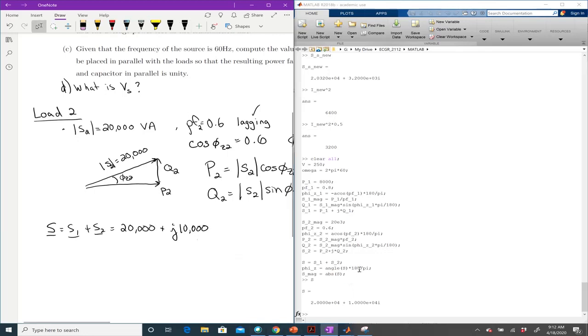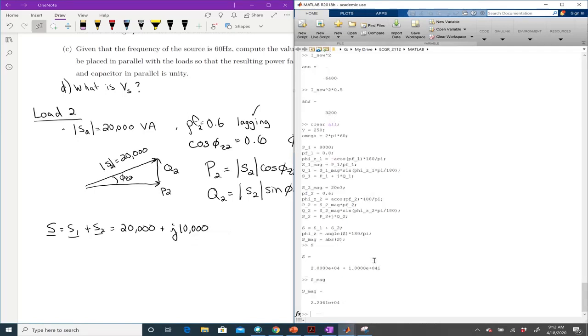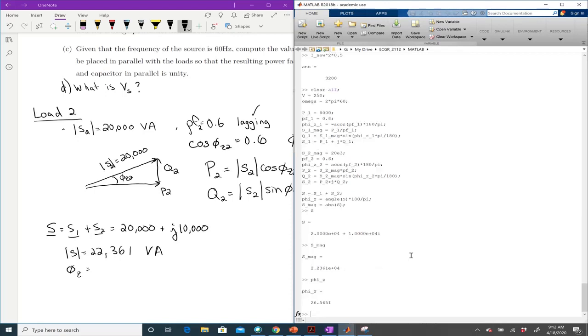I'm given what the angles are here. So the abs, S mag, is about 22,000, 22,361, and that would be in volt amps. And phi z, the angle of that, if I calculate that, is 26.5651 degrees.